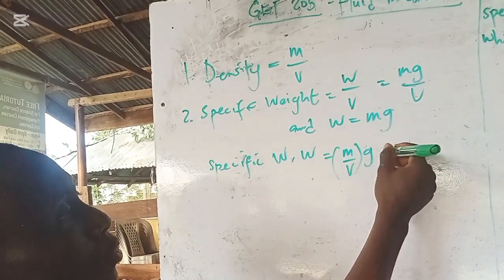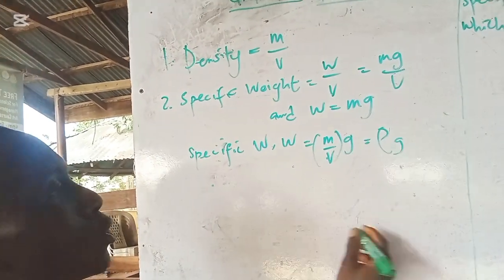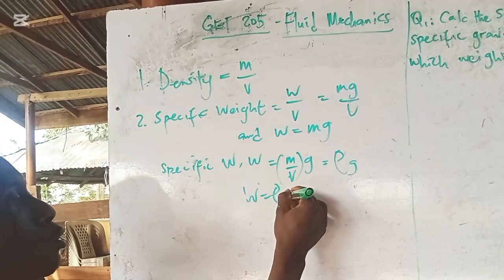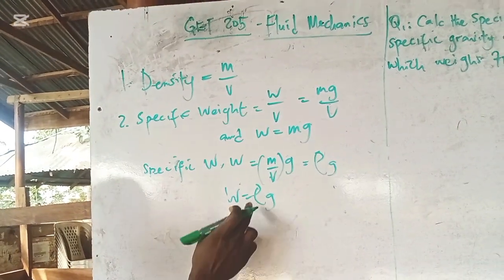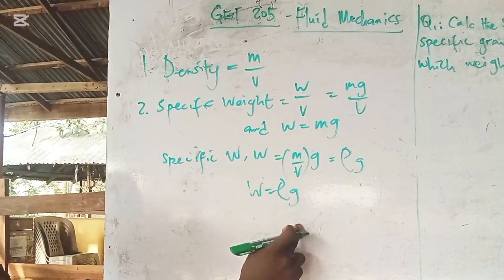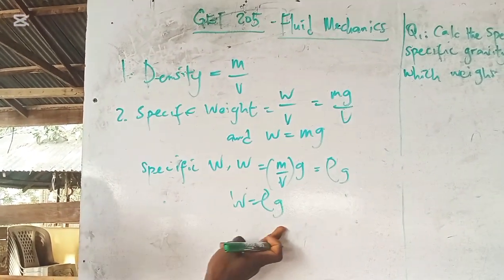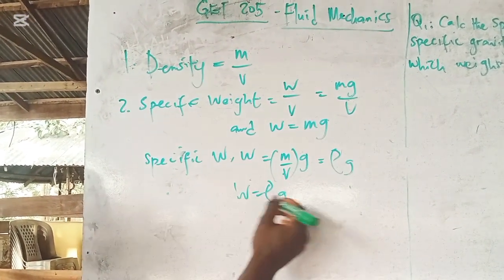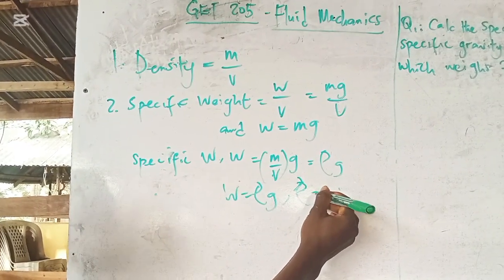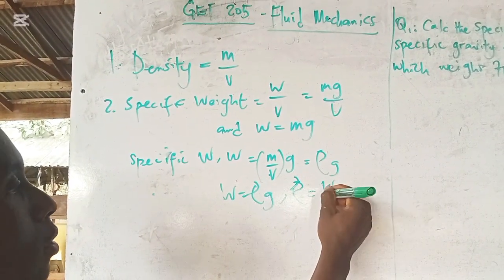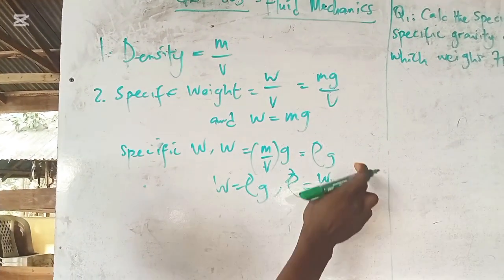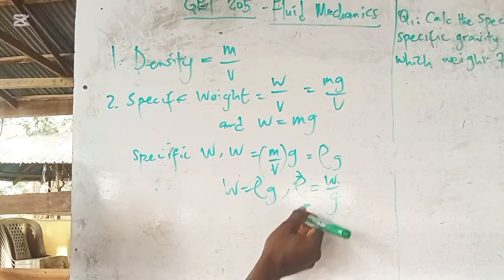For more clarity, you can also say that this is rho g. So w is equal to rho g. So you can also look for density from here because sometimes they can give you mass and volume, sometimes they just give you the specific weight and the gravity. So when you want to solve for your density, you can just bring it back here and you have the weight over the gravity as the solution for your density.